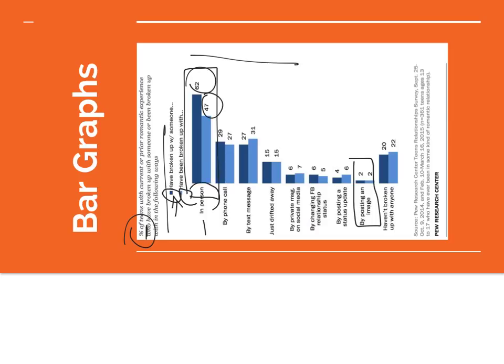If you take a look at the bar graphs, you have variables that cannot be put in order. Although in person could be most acceptable, breaking up with someone in person is not something that can be more or less than breaking up with someone with a phone call and so forth. These are categorical variables, such as, hopefully you remember, your political affiliation.